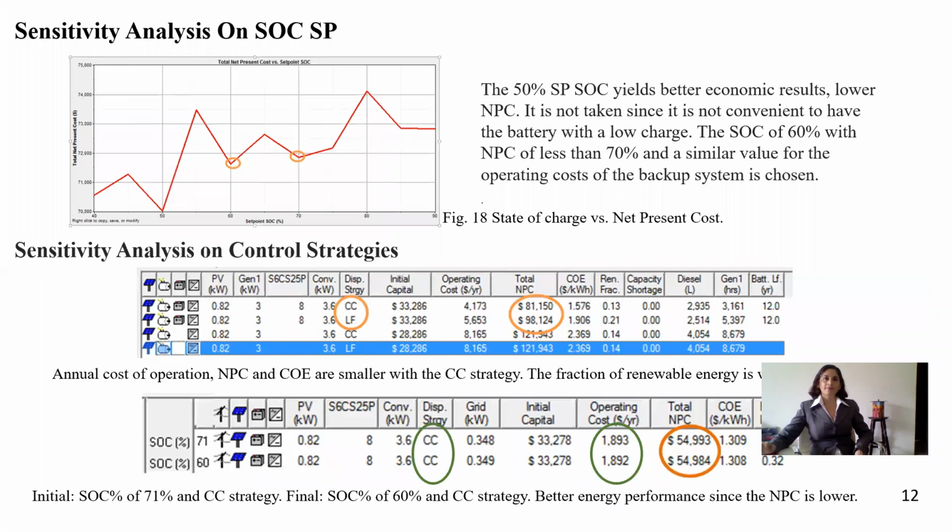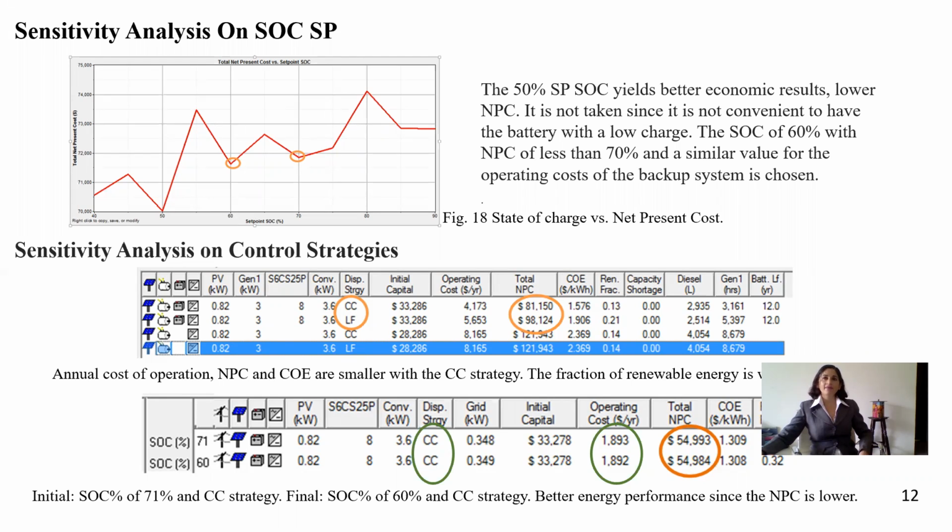Sensitivity analysis. Figure 18 represents the state of charge versus the NPC behavior. The 50% state of charge yields better economic results, with the lower net present cost, but it is not convenient to have a battery with a low charge.